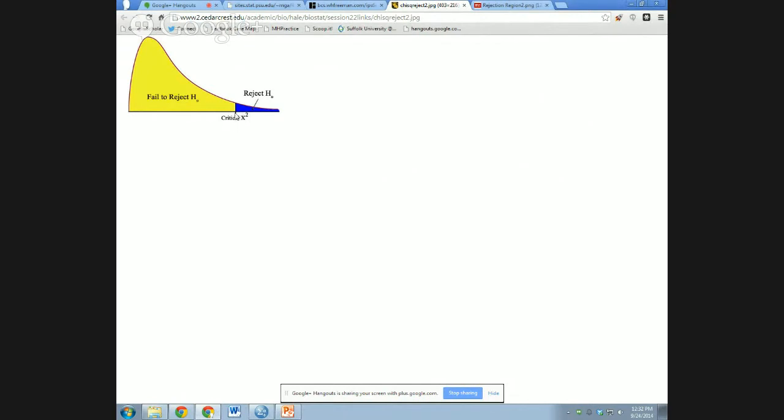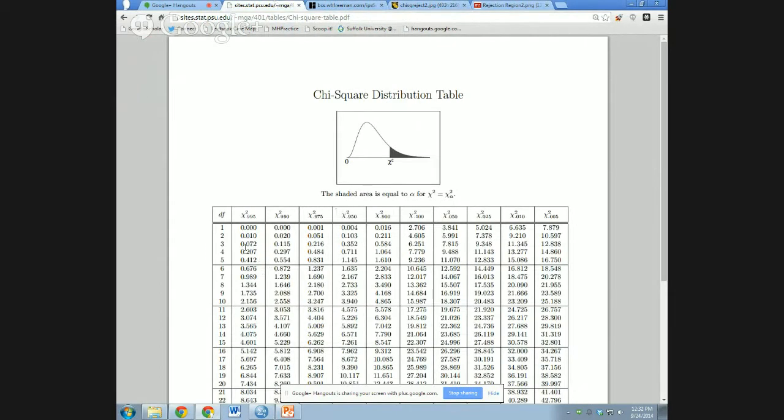Anything that is less than the critical value, we would fail to reject the null hypothesis, or in layman's terms, we would call that accepting the null hypothesis. Anything greater than that would be rejecting the null hypothesis. Let's say the critical value, I'll go back to this distribution table and pick something random, is 9.348.